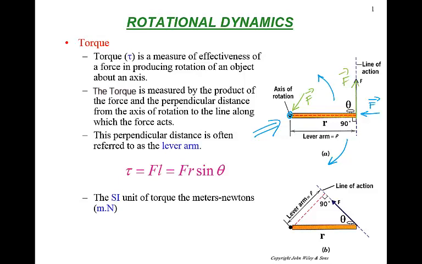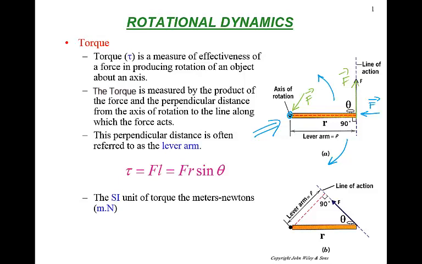Notice that in order to rotate objects, you need a force, and that force needs to be applied at a given point in a given direction to obtain a good result. That combination of a force and where to apply the force and how you apply the force is known as the torque.